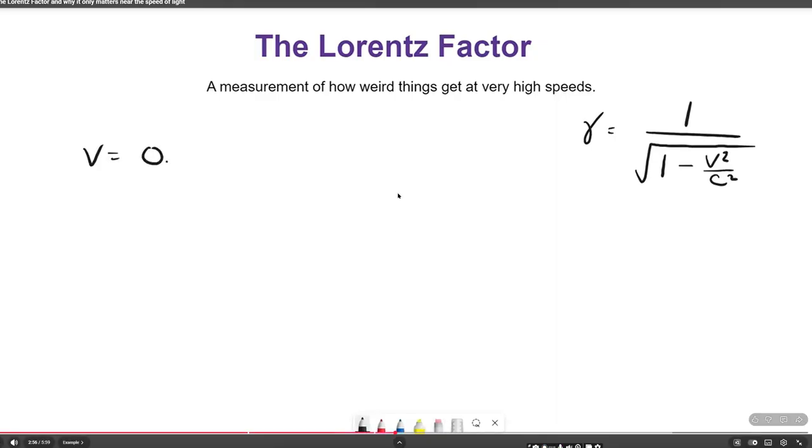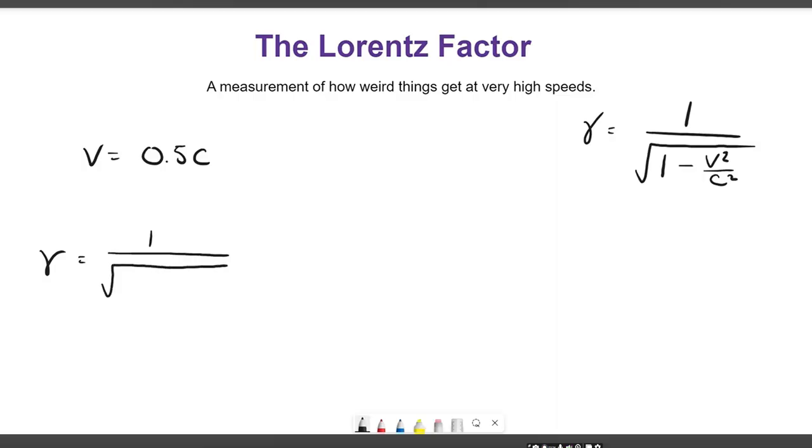So that's 0.5 times c. So how much would this change our equations? The Lorentz factor is going to end up being 1 over the square root of 1 minus 0.5 times c over c, this whole thing squared.